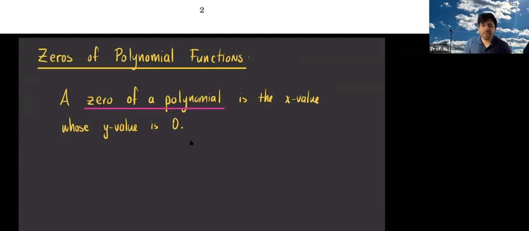So when we say 0, we're referring to the x value that, if I were to plug it into the function, gives me 0 as the y value.